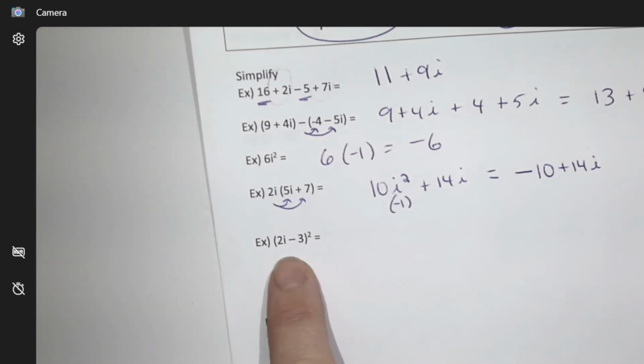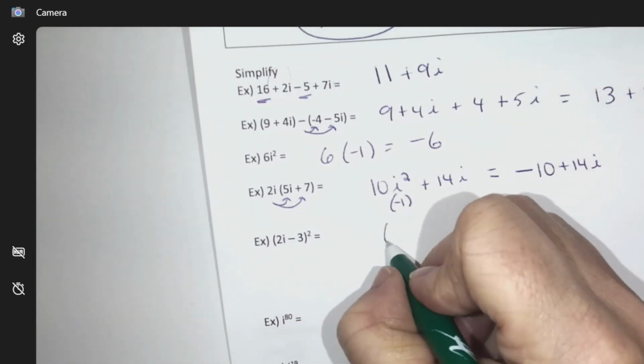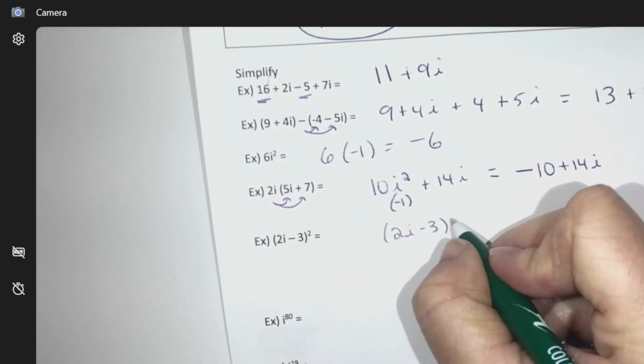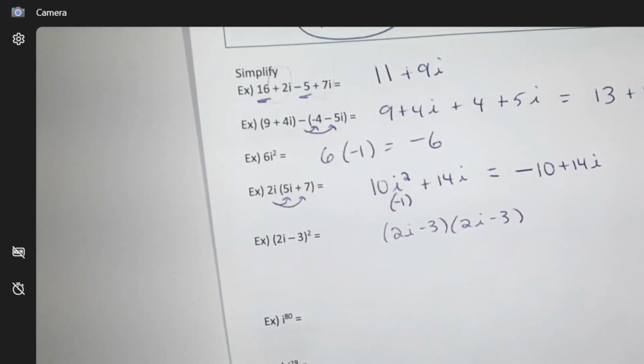Okay, in this next question, if I have something squared, what do you always do with binomials squaring? FOIL. Okay, so squaring it, I actually have to do the whole FOIL.